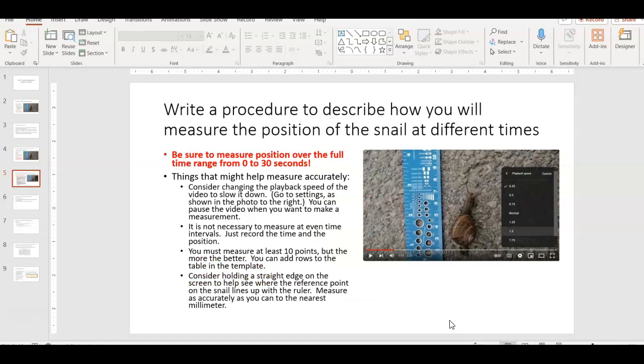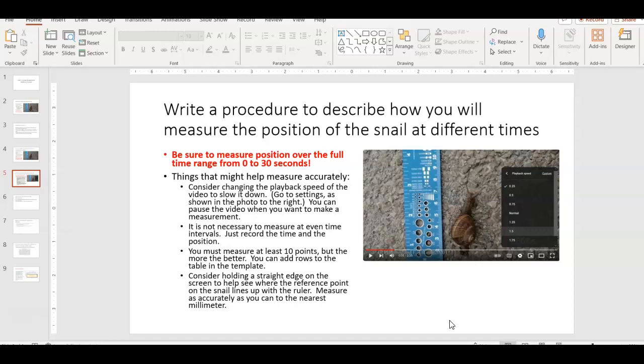Now you'll need to write a procedure, and I mean list several steps or bullet points of how you intend to measure. And I want to caution you to be sure to measure the position over the full time range. The video shows you 30 seconds worth of motion, and you need to collect data over the full 30 seconds.